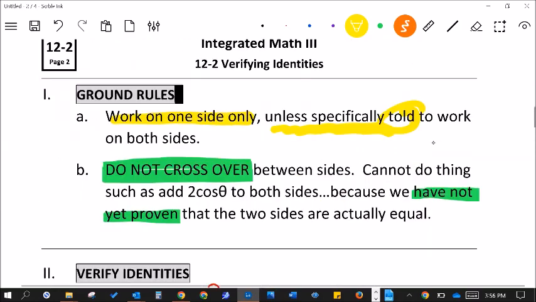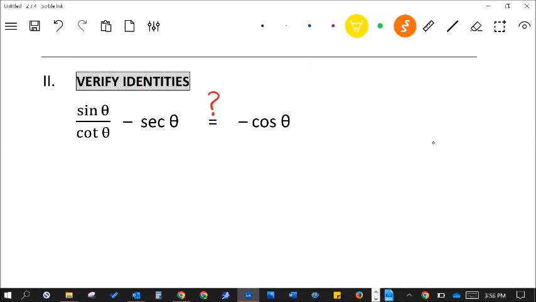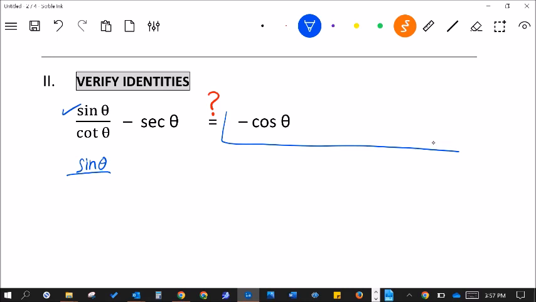So let's come down here now and look at this one. The first rule of thumb when doing these is to try to change everything to sines and cosines. So we are only going to work on one side. The numerator here is sine, but the cotangent is actually cosine of theta divided by sine of theta.